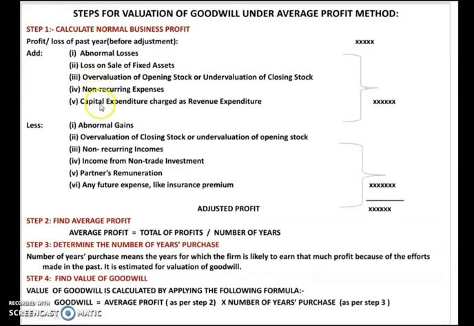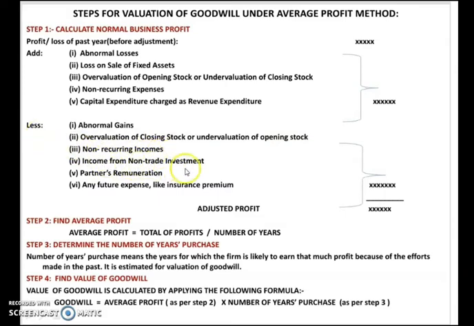So remember these items. Next, here are some items which have to be subtracted. Most of them are the opposite of these items. The items which you have added, if you go for the opposite of this, you will get the items of subtraction. So abnormal gains, you have to subtract it. Overvaluation of closing stock and undervaluation of opening stock, you have to subtract it. Non-recurring income, you have to subtract it.